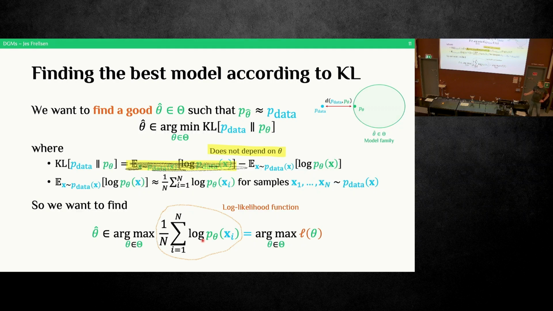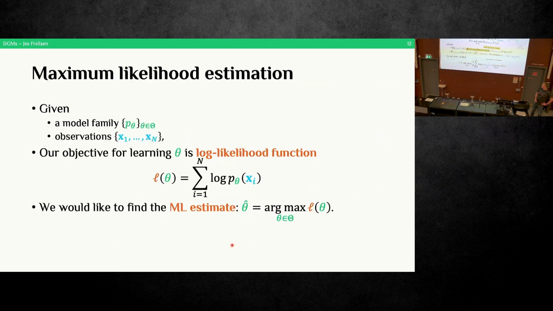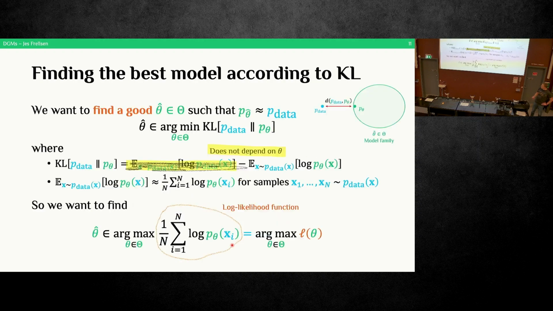And this is exactly the log likelihood function. You should remember this is the log likelihood function. So this is an explanation for why we might want to maximize the log likelihood: if we maximize the log likelihood, then we minimize the KL divergence between our data generating distribution and our model.